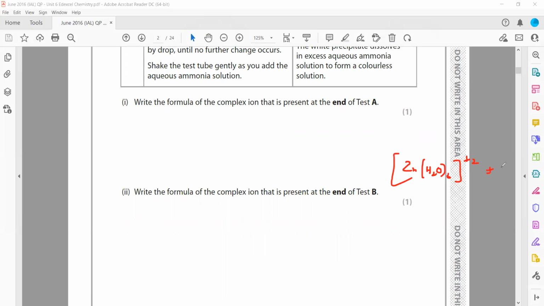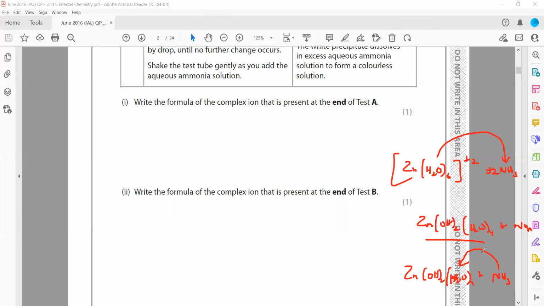But when we add aqueous ammonia, the first reaction is an acid-base reaction. Ammonia is a proton acceptor, so it will accept a proton. It will become Zn(OH)₂(H₂O)₄ plus NH₄⁺. So this is the precipitate. But then when we add more ammonia, the precipitate dissolves. Why?